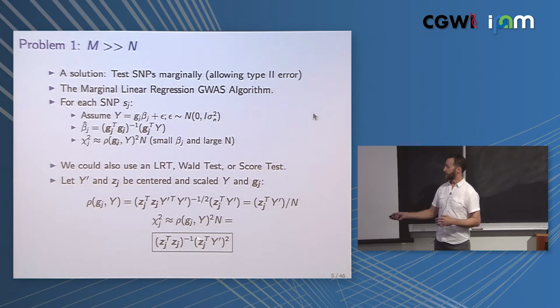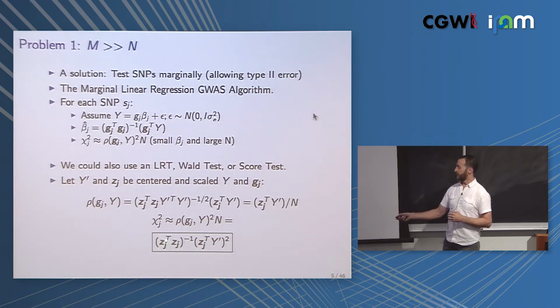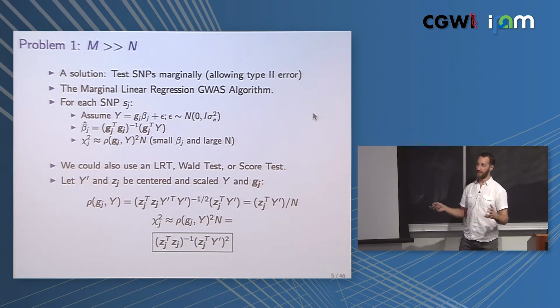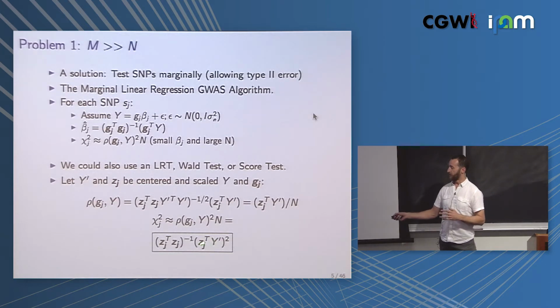And so our chi-squared test statistic looks like this: (Z transpose Z_j) inverse, (Z_j transpose Y) squared. Just remember that. I'm going to see it again in a different form in a few minutes, but it's this correlation between Y with some kind of normalization for X.